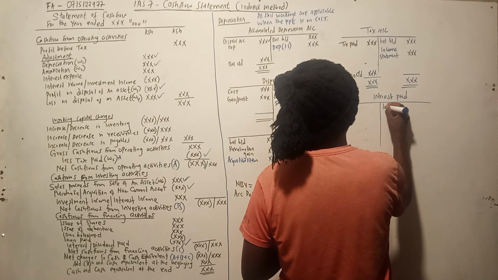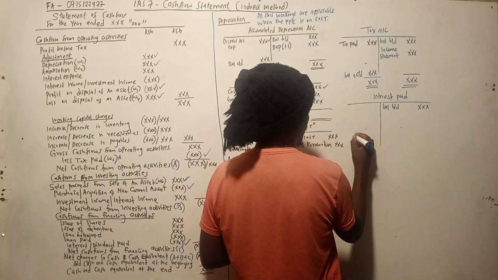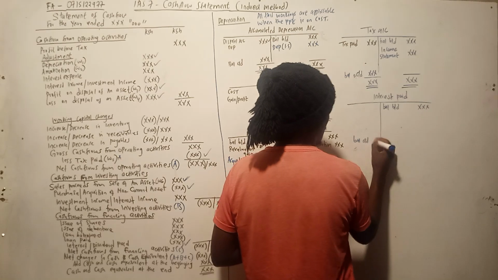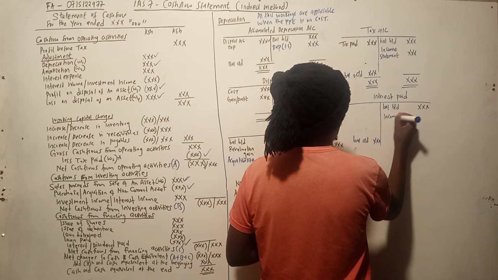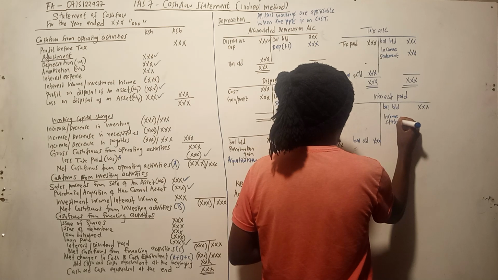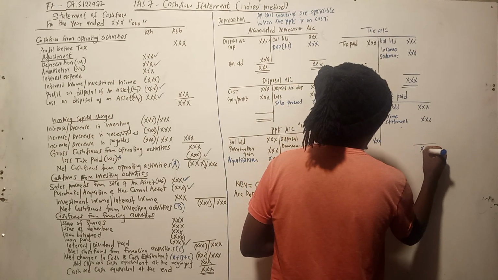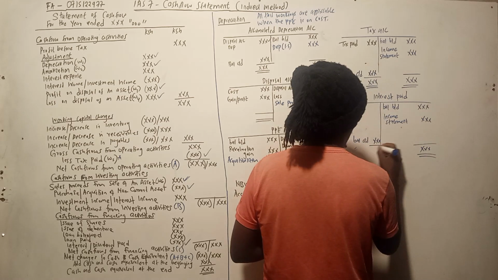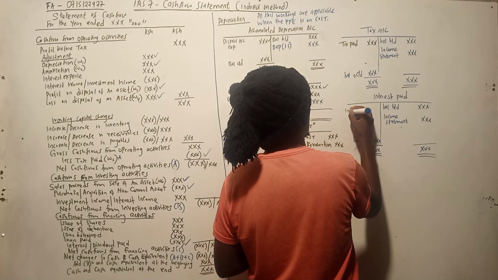So tunasema balance brought down, then balance carry down, then income statement, naweka hapo, then unakuja andika hapa interest paid.